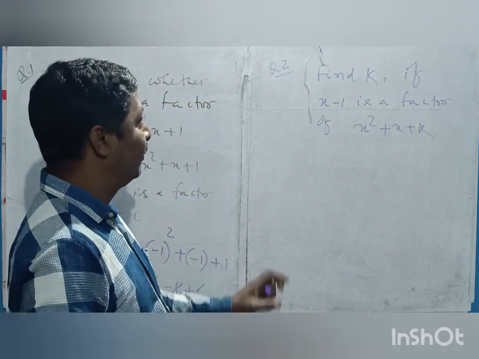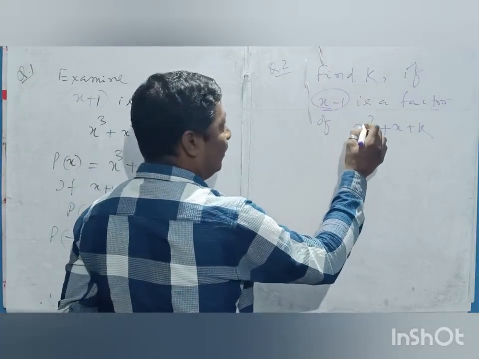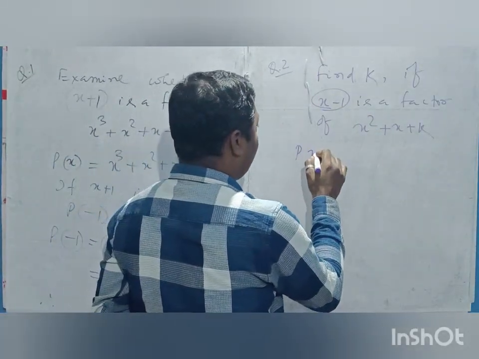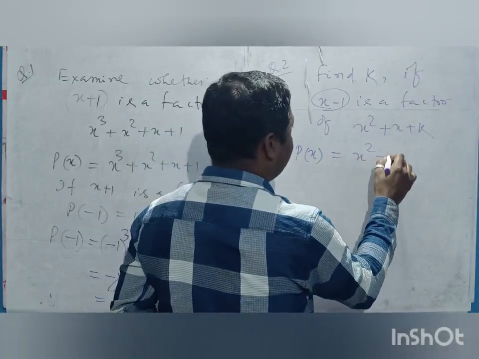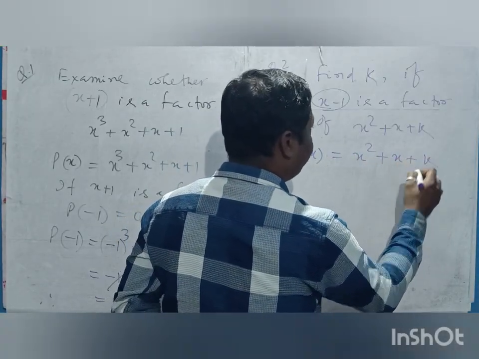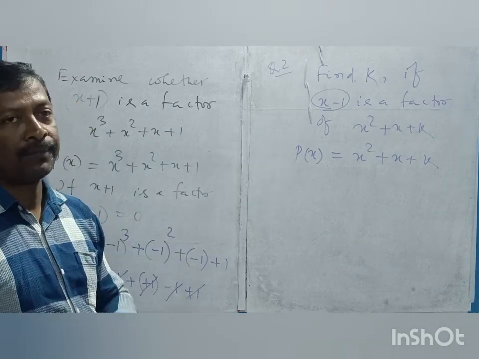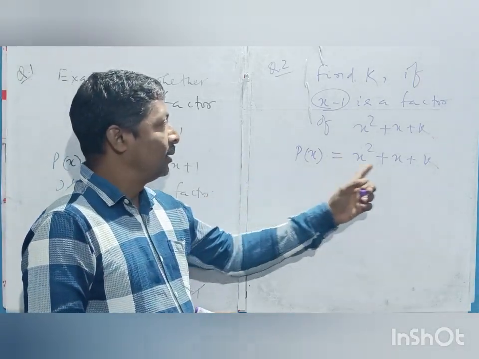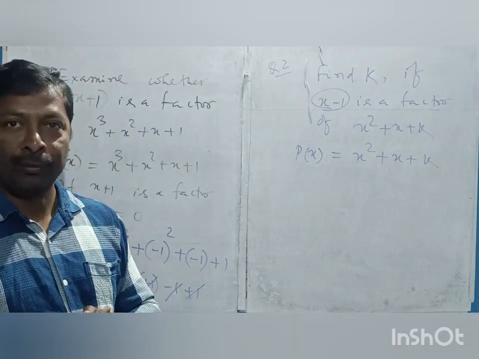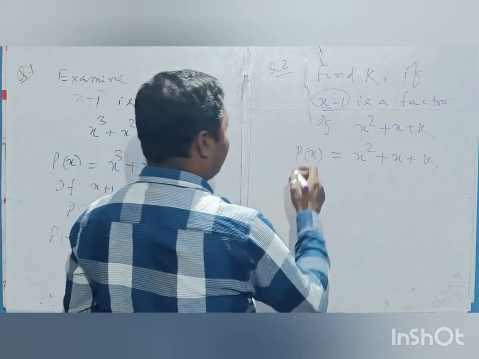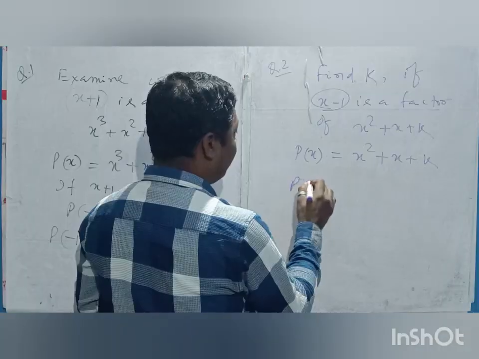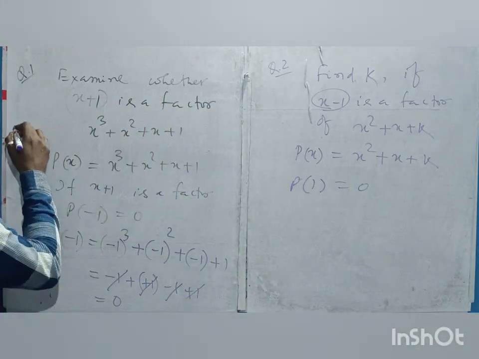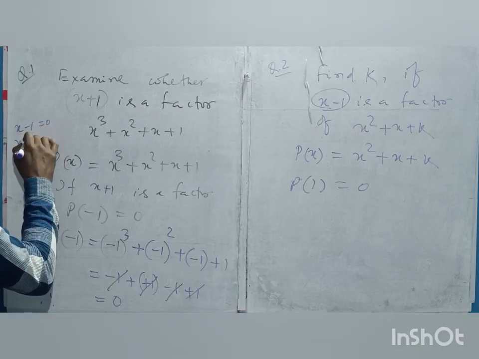We know from the remainder theorem, let's denote the polynomial as p(x). If x minus 1 is a factor, then p(1) will be 0, because taking x minus 1 as 0, x will be 1.